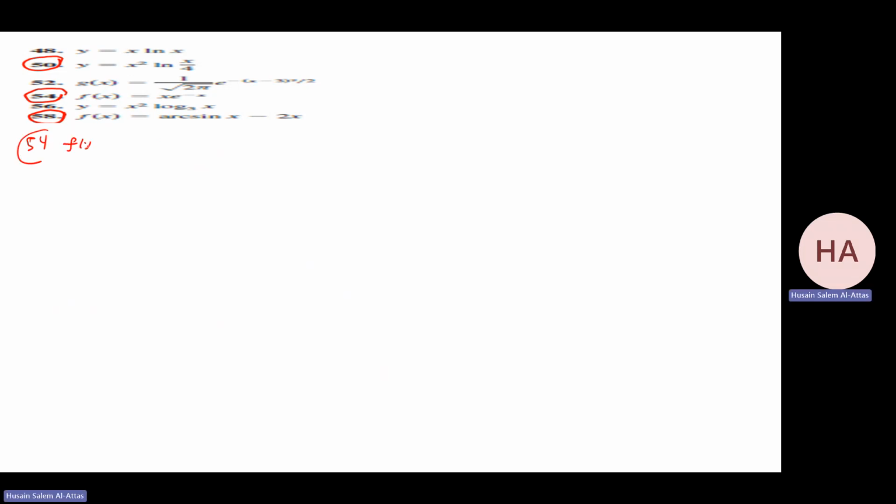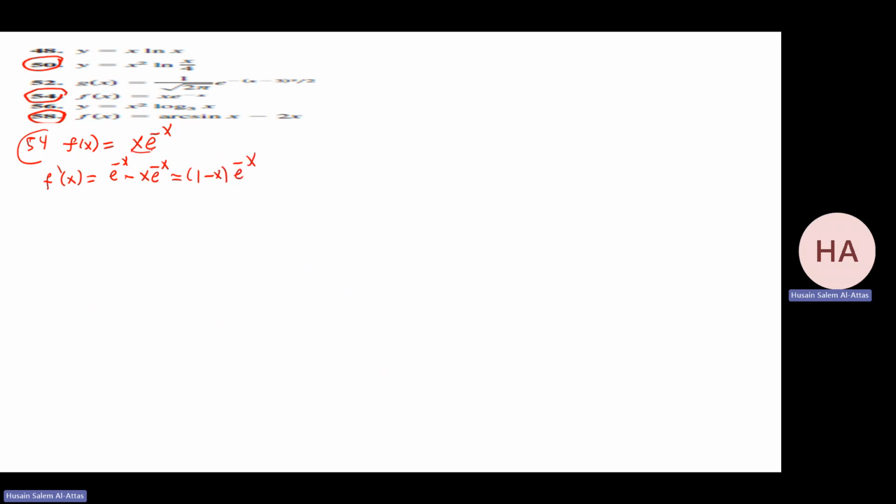I have f of x equals x e to the minus x. What will be f prime? That will be 1 minus x times e to the minus x.